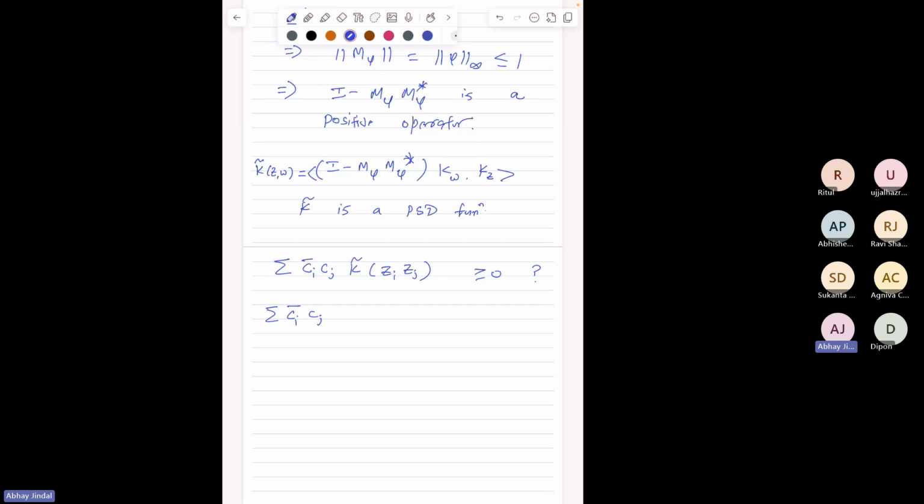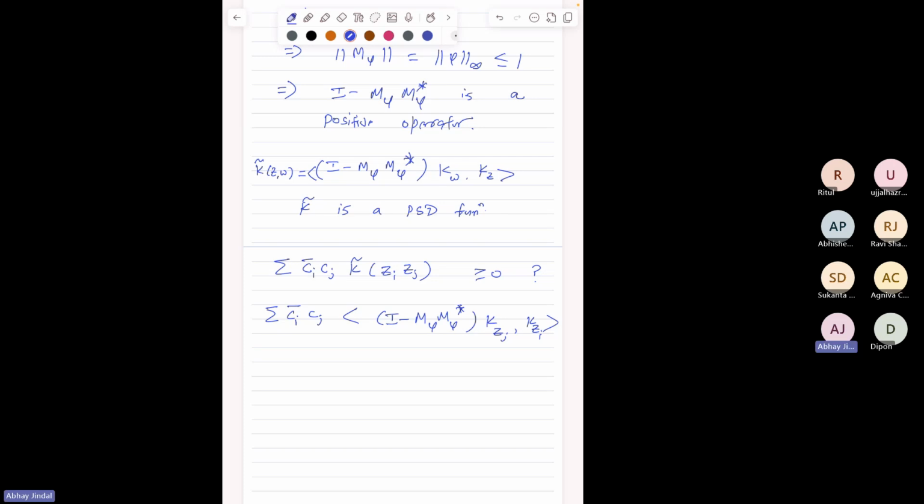What is k tilde z i z j? This is the inner product of I minus m phi m phi star k z j with k z i.